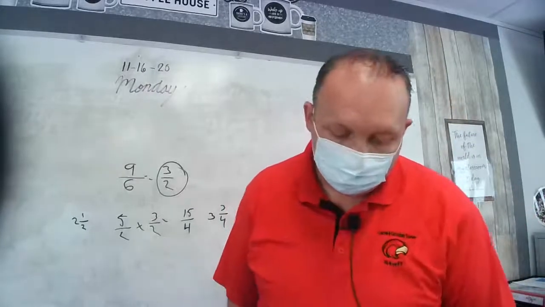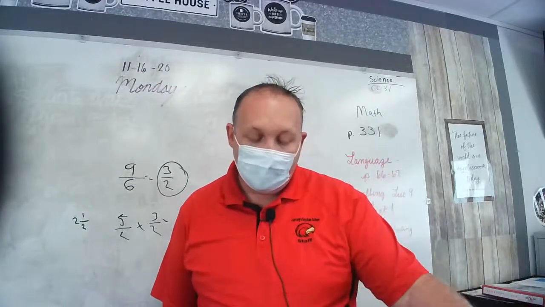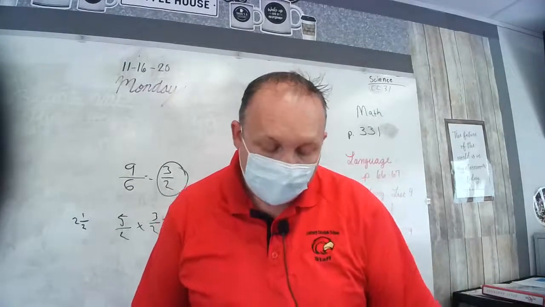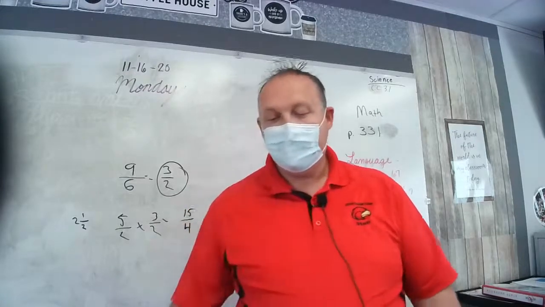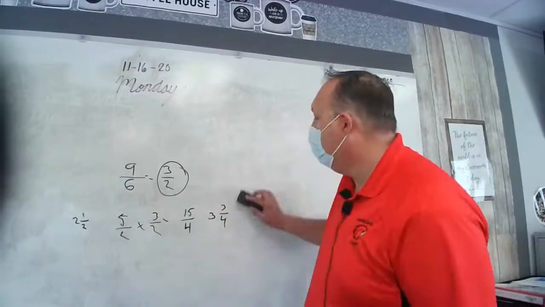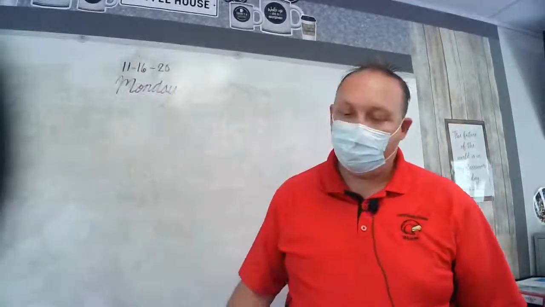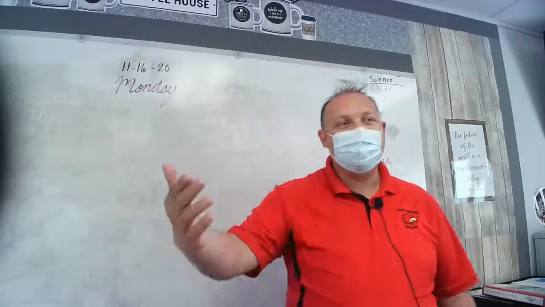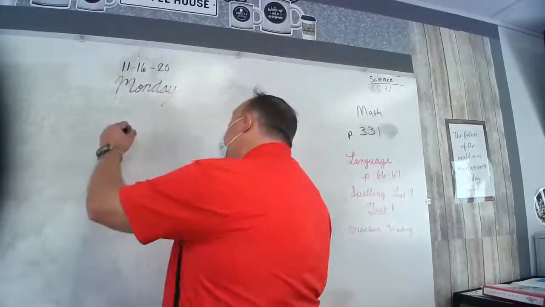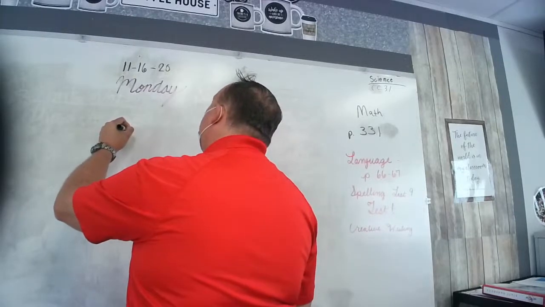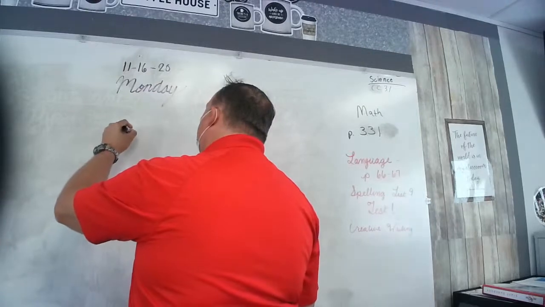A recipe makes 16 brownies, calls for 1/3 cup of nuts. How many nuts are needed to make 24 brownies? So we're going to do this problem the same way. We're going to put the amount needed over the amount served. How many brownies do we need? 24.